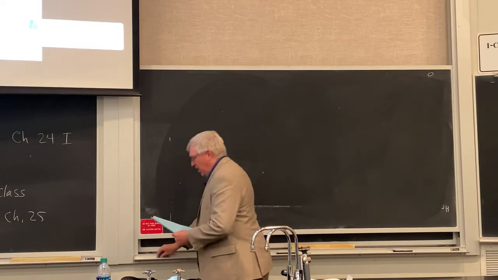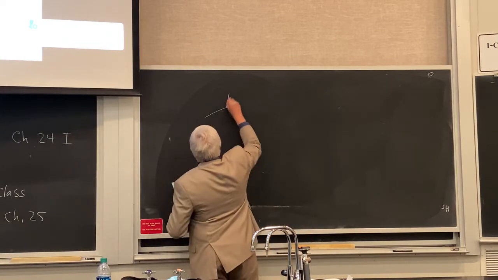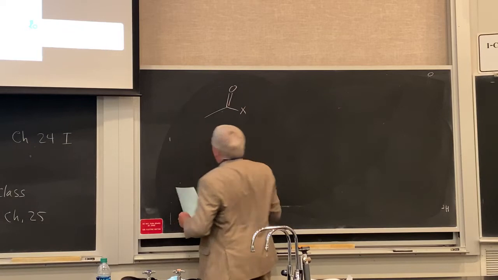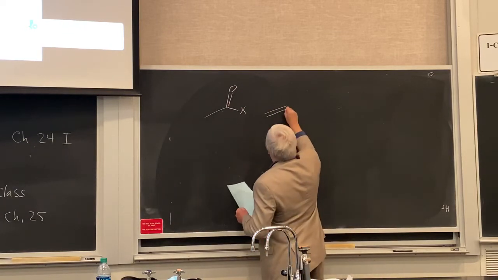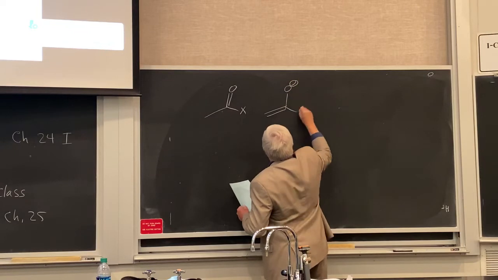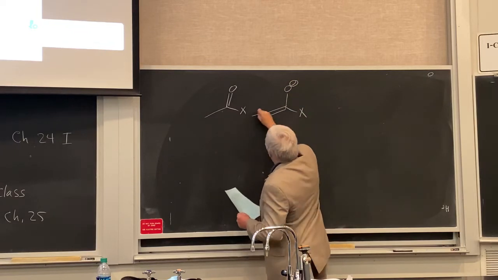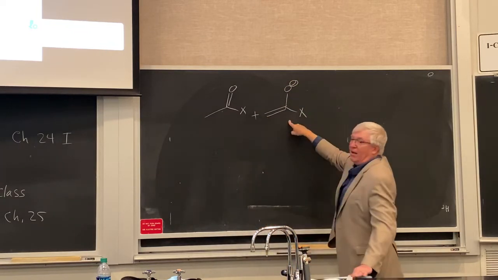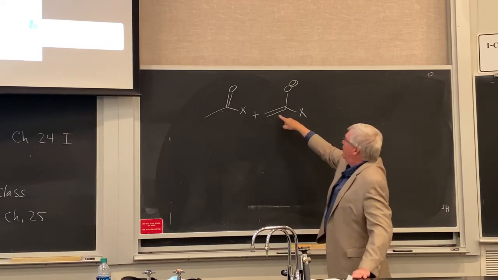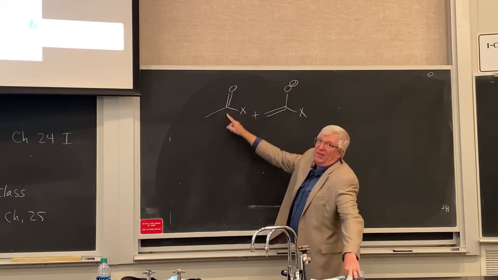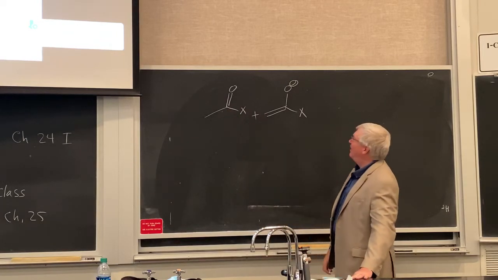Now, I like to show the commonality between the Aldol and the Claisen, okay? What we're going to have is the enolate of one equivalent of the aldehyde or ester, and it's going to condense with itself. So we're going to look at this dimerization, you can say, here of this.